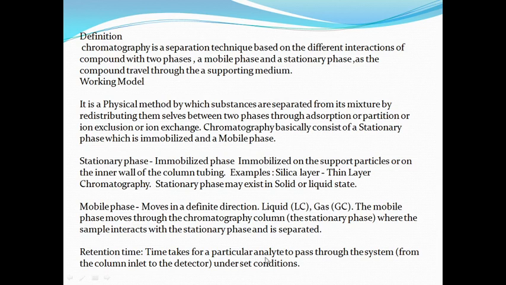The analyte that shows less affinity toward the stationary phase will show more affinity towards the mobile phase, so it will be separated out. It spends less time, which means its retention time is less.